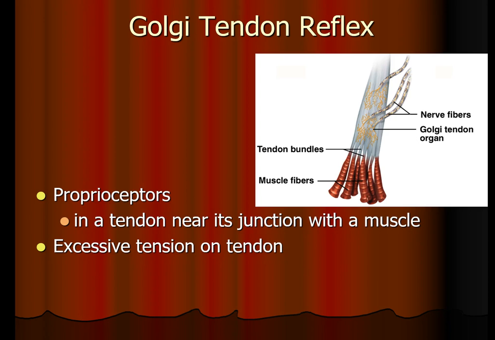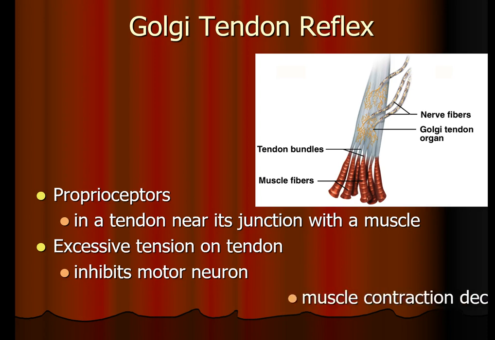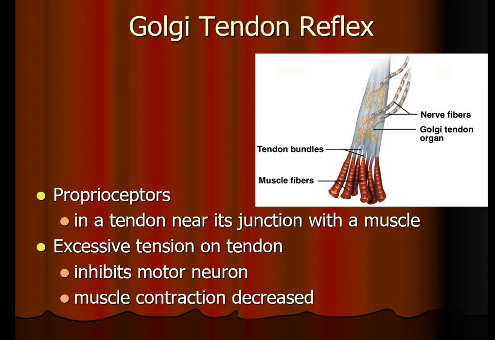It'll tell my biceps to relax and let go, basically, so it goes down. I'll drop the weight, I'll put the weight down, so as to not tear the tendon. That's what a Golgi tendon reflex is going to do. So it's going to inhibit the motor neuron, in that analogy it was the biceps, and contraction is decreased in a way to try to protect the muscle.